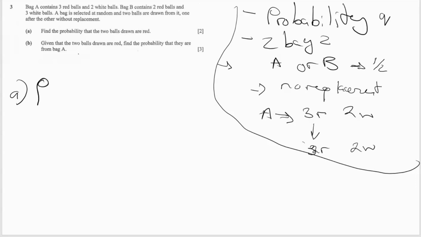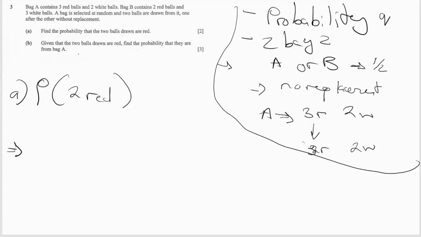So we want to find the probability, which is P, that we have 2 red balls that are picked. So how do we pick 2 red balls?